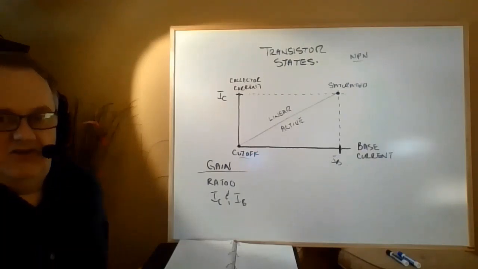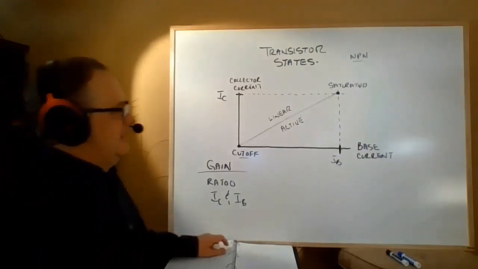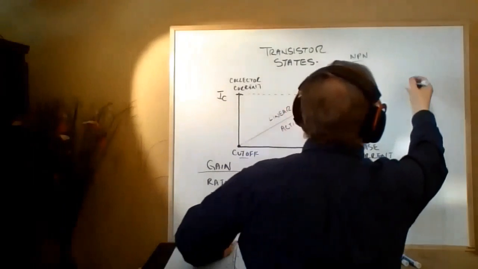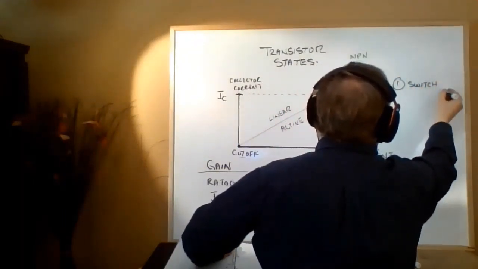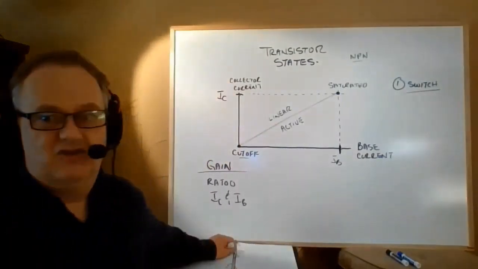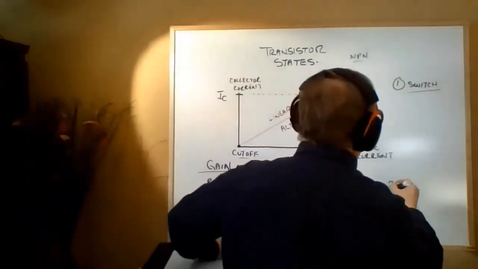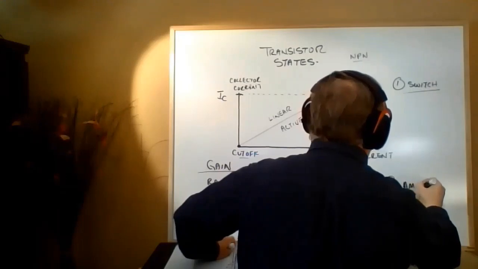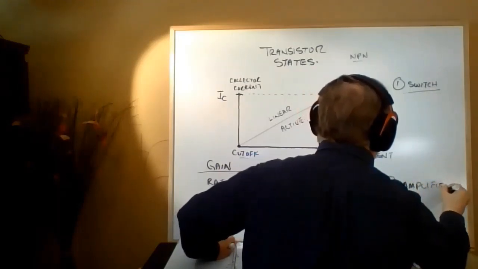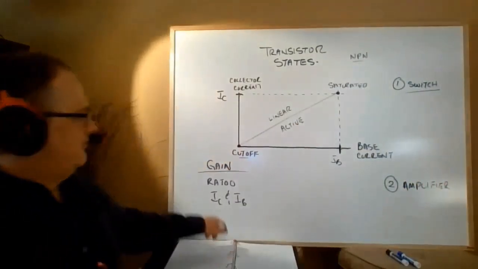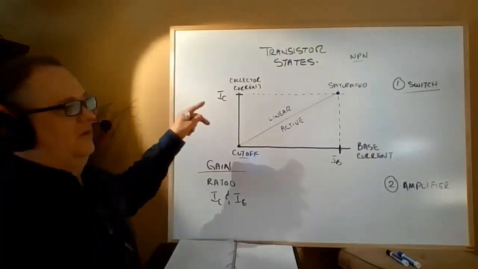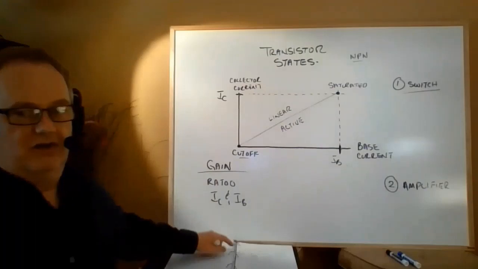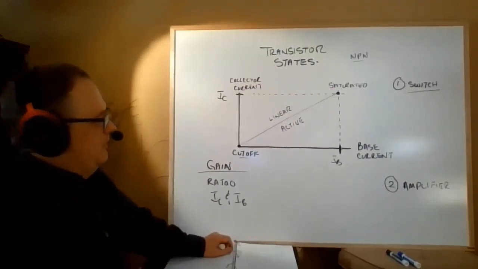Now, the applications for transistors are kind of like this. Well, we use them, first of all, as a very fast-acting switch. Okay, that's the first application. And the second application, well, we use them as amplifiers. An amplifier takes in a certain amount of signal, which would come in on the base, and then amplifies that to a very specific larger amount of current that would flow in the collector.